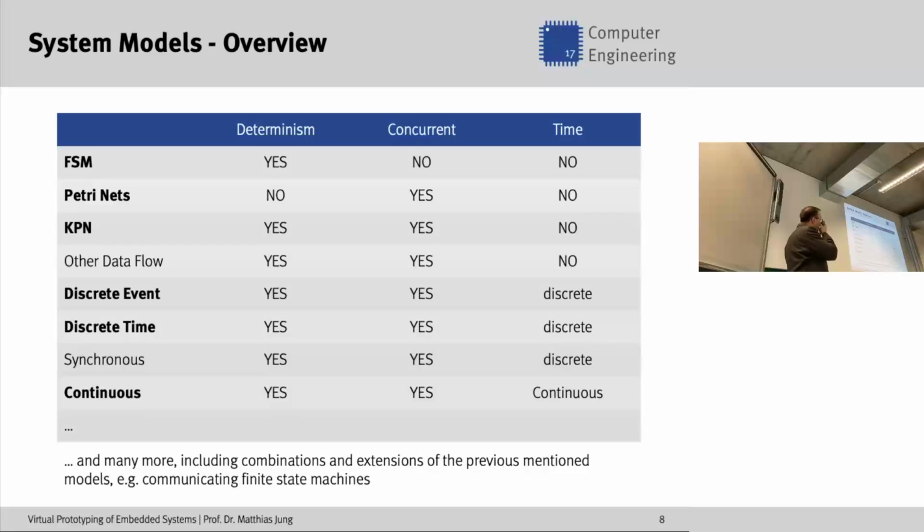Yeah, so there are many models of simulation and computation. Some of them you know already. Finite state machines you all know, right? Who has heard about Petri nets already? One, two, three. In which context? Which lecture was it? Okay, interesting.